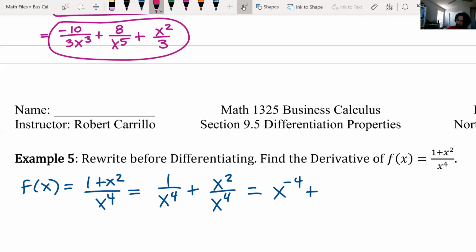Plus, I have to reduce here, x squared over x to the 4th. This is gone, and this 4 becomes a 2. Which means if I rewrite this, I'd have 1 over x squared or x to the negative 2. We have now rewritten it algebraically, which means these are in the proper form. So we're ready for the derivative now.